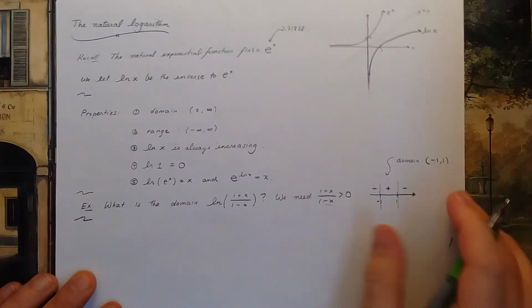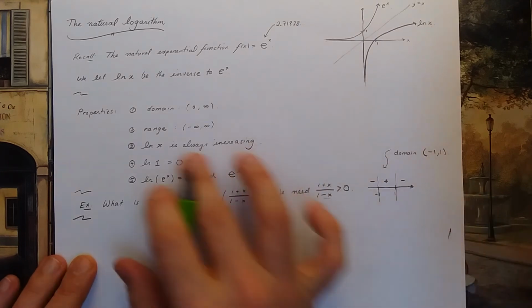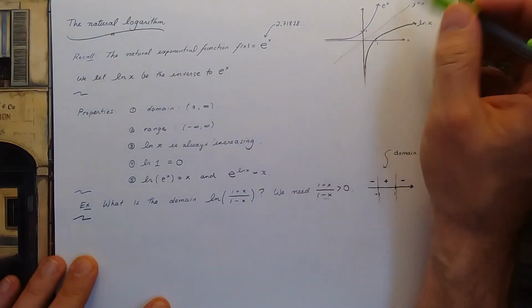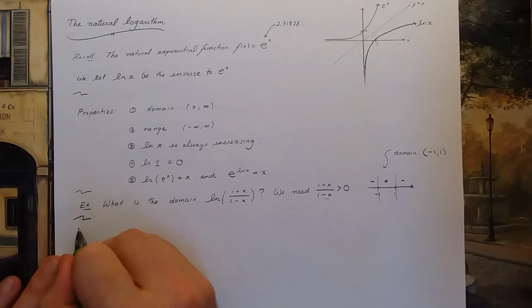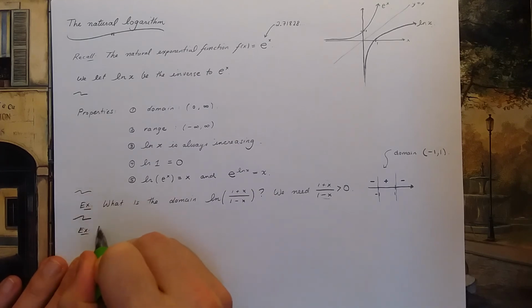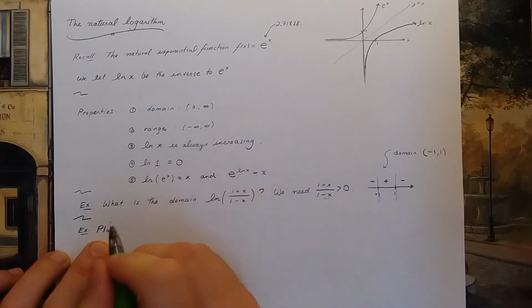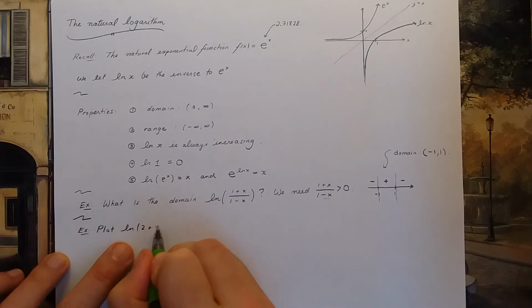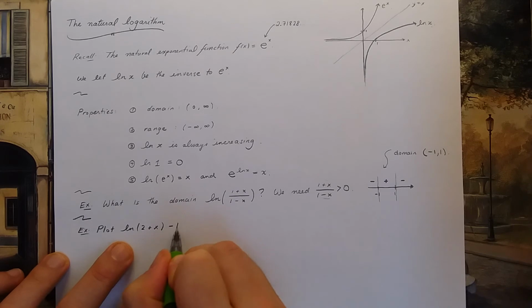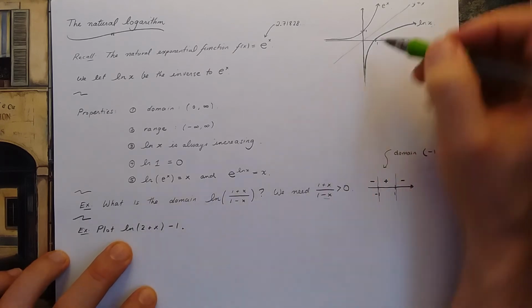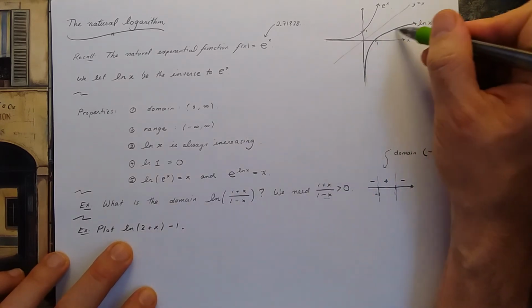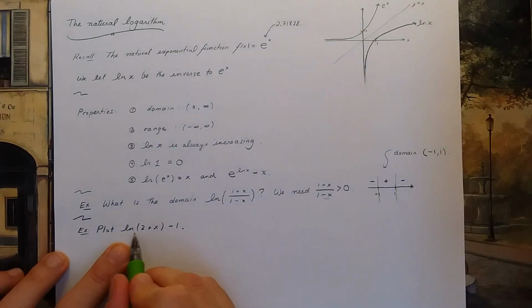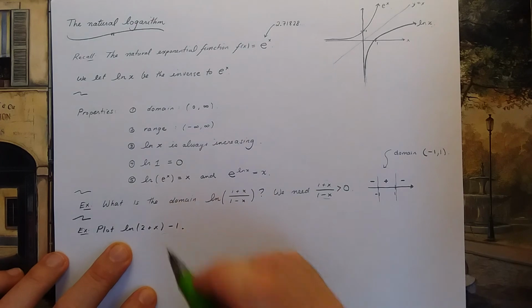Let's finish this video with one more example, playing with our new toy, the logarithm function. Let's plot log of 2 plus x, minus 1. So I know the graph of log x looks like this. The graph of the function I'm trying to plot is similar, but just shifted.